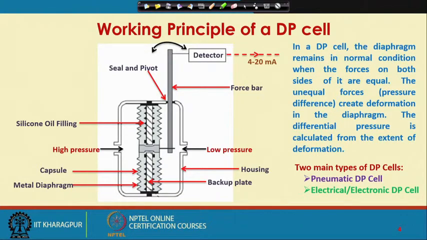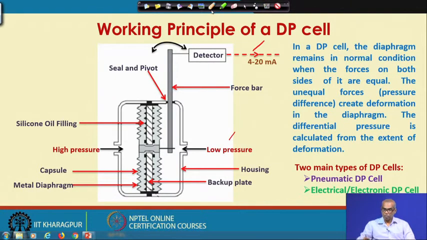Now, let us try to understand the working principle of a DP cell. In a DP cell, the diaphragm remains in normal condition when the forces on both sides of it are equal. So, you have diaphragm, in fact capsules made of diaphragms. We have talked about pressure capsules when we talked about measurement of moderate pressures.